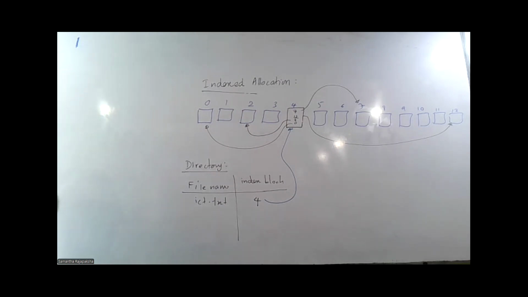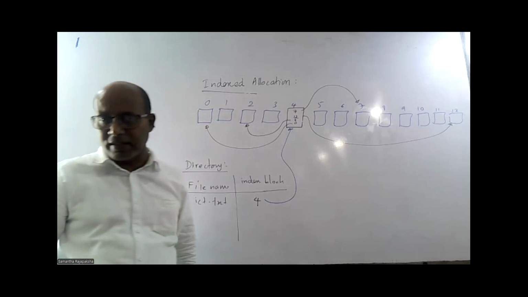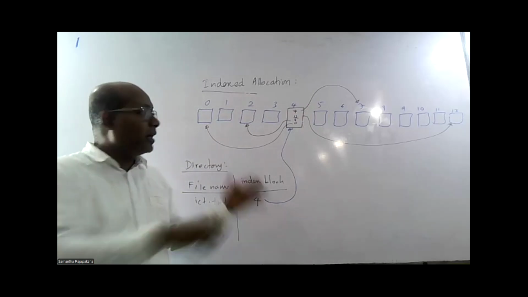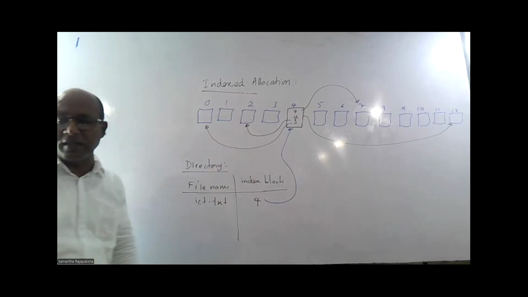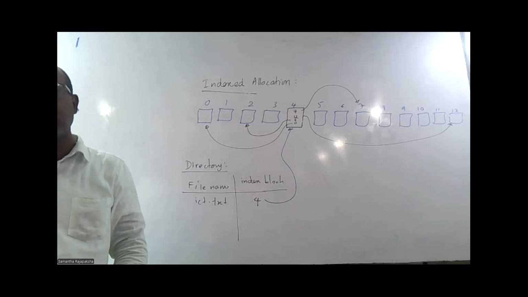So that is how it works. Once you go to the index block, you can find out all the other blocks, since it has pointers to the others. Then you can find out where the others are. This is called indexed allocation.